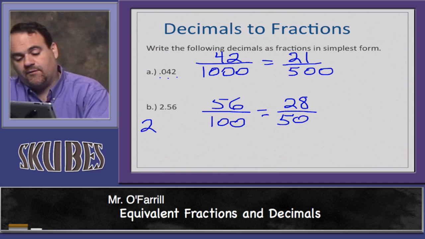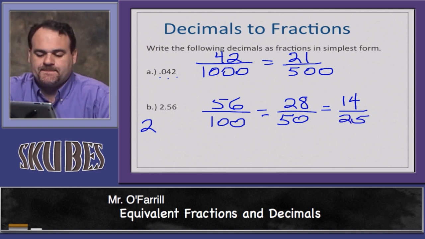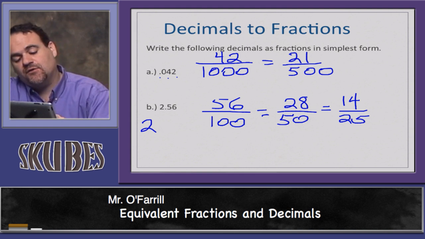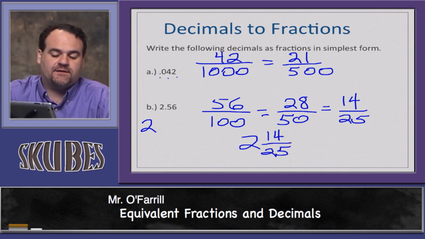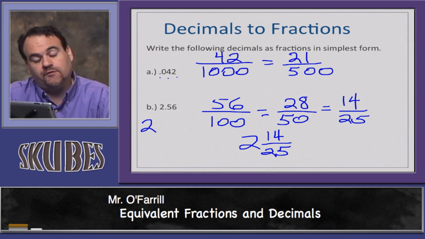Well, we can keep going then, can't we? We can make that 14 over 25. Yeah, it's not going to go any farther than that, but don't forget about that 2 we ignored at the beginning. So our answer is going to be 2 and 14/25ths. And that is that fraction in simplest form as a mixed fraction. And that's how you can go back and forth between decimals and fractions.